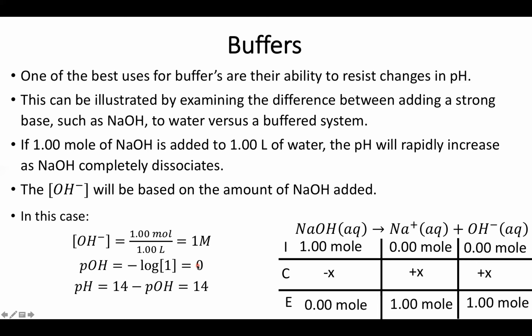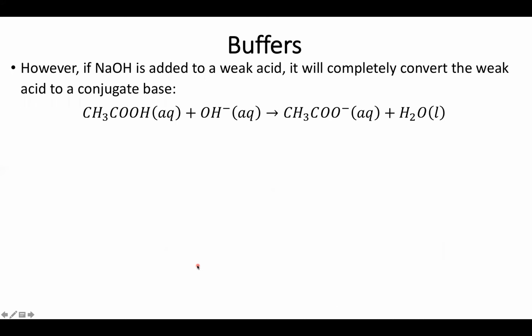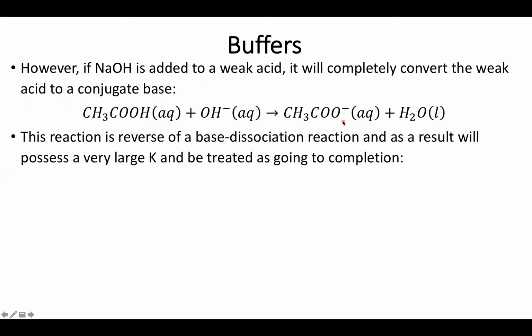Now let's look at the same idea, but now I'm going to add a weak acid. If I add a strong base to a weak acid, this reaction goes to completion. All that hydroxide is going to immediately react with the acid to produce the conjugate base. And it turns out that this reaction should look kind of familiar.